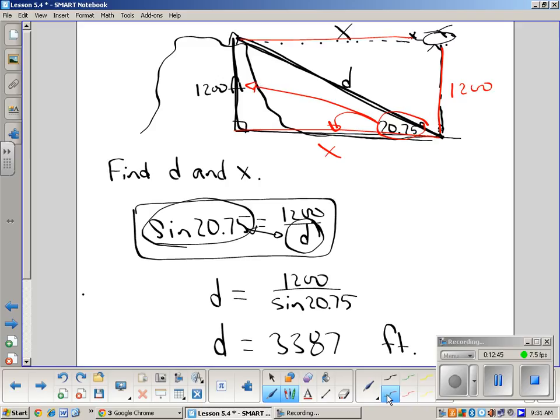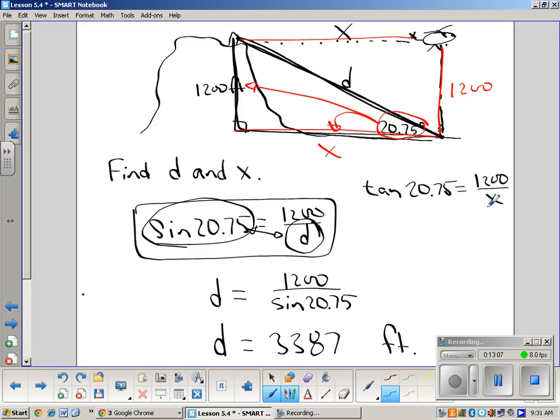So, what ratio is that? Tangent. So tan of 20.75 equals 1200 over x. And I swear the unknown will not always be in the bottom. I know it's been there every time so far, but it will not always be in the bottom.